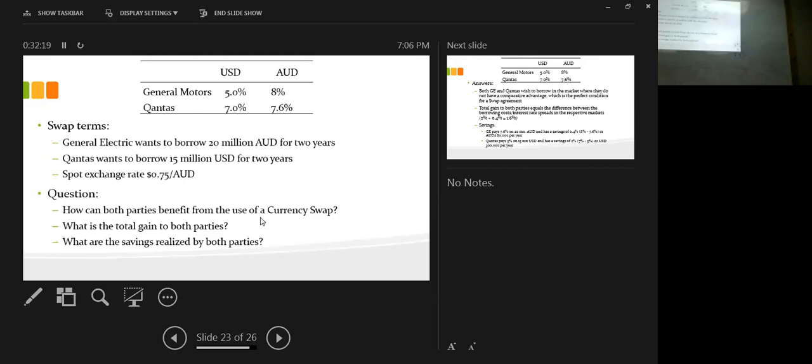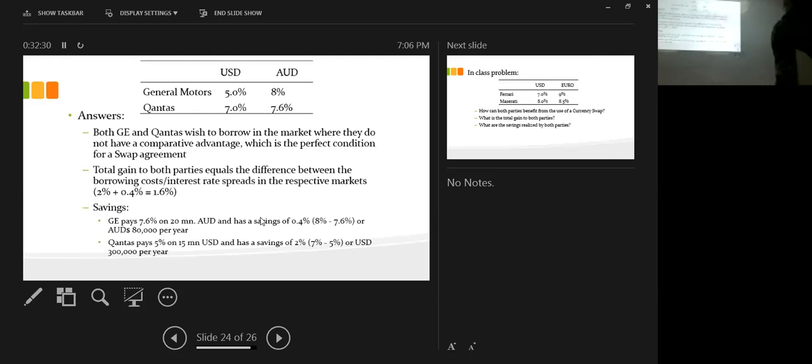How can both parties benefit from use of the currency swap? Well, they can do a currency swap. What is the total gain to both parties and savings rate? Both GE and Qantas wish to borrow in the market where they do not have a comparative advantage, which is a perfect condition for a swap.